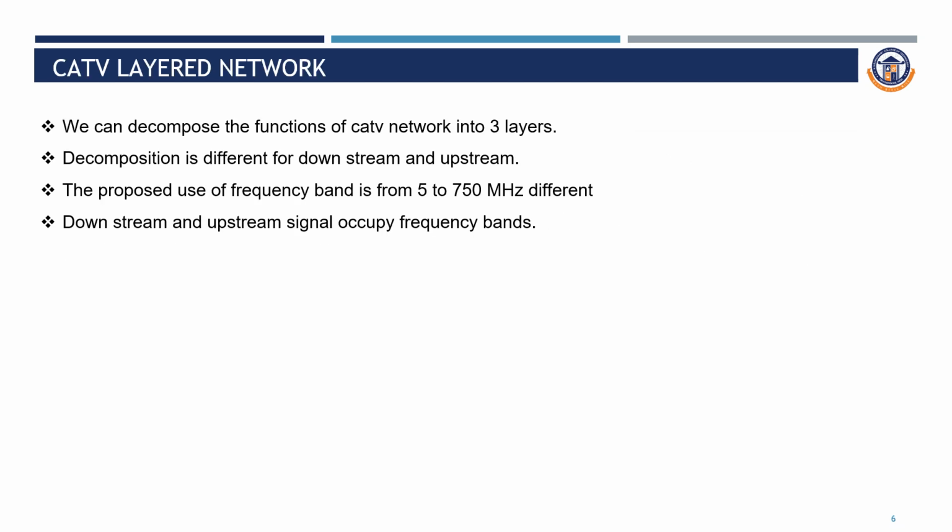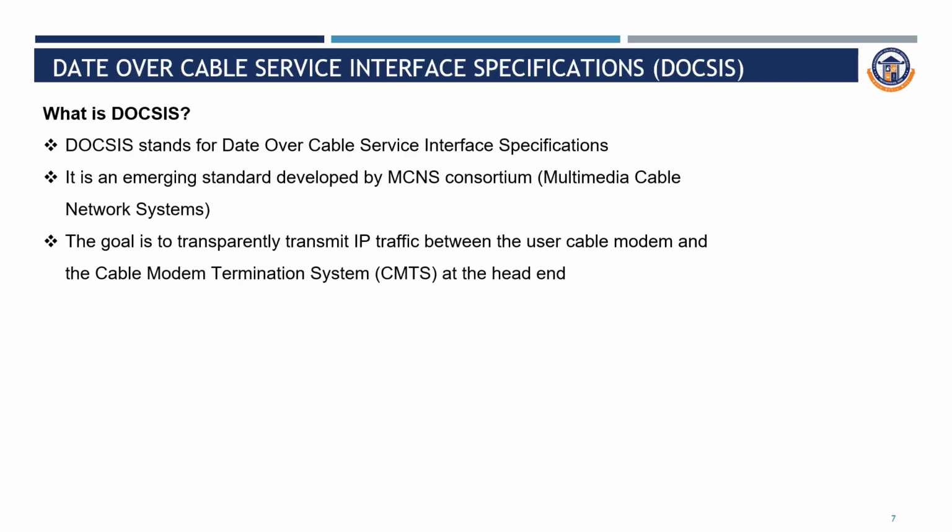In CATV, we have three layers of networks, and the decomposition is different for downstream and upstream. They use the common frequencies of 5 to 750 megahertz, and upstream and downstream occupy the same frequency bands. Data Over Cable Service Interface Specification is a common standard.